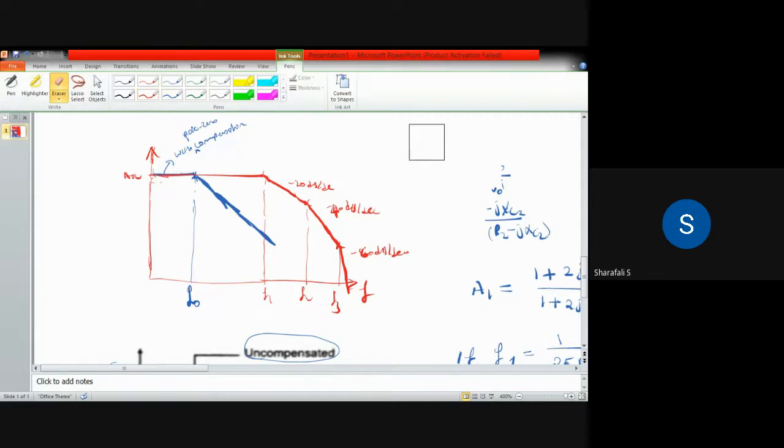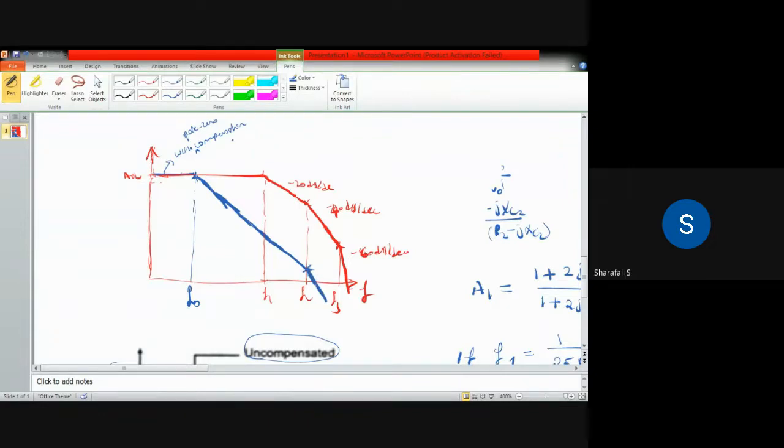The zero is also coming in, which cancels the pole. So F1 is not there with the compensated network. This will continue decreasing at the same rate of minus 20 dB per decade, and once it reaches F2, it starts decreasing by 40 dB per decade, and so on.